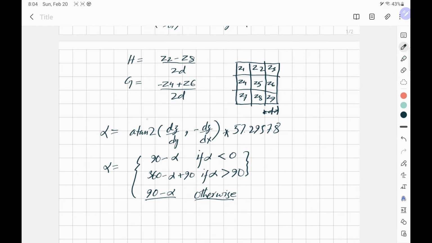Here one thing to note is that we have atan2, and this atan2 you can find in the math library of programming languages, in spreadsheets like LibreOffice Calc, Excel, or Google Sheets, but you may not find this in a scientific calculator.